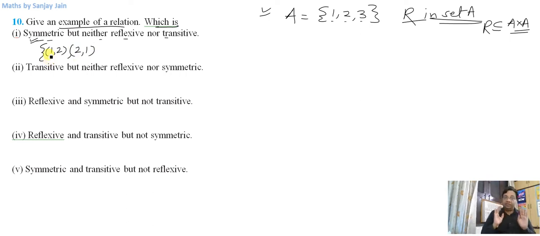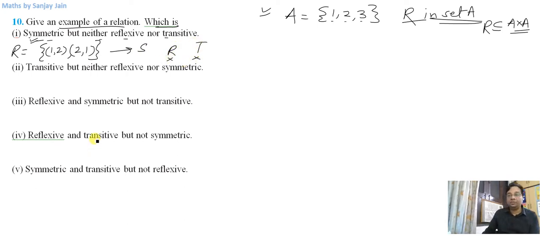Up till now it is symmetric, right? But it is not reflexive because (1, 1), (2, 2), (3, 3) are not present here. Is it transitive? No, because if (1, 2) is present, (2, 1) is present, (1, 1) should also be present for it to be transitive. So if I close it here, this relation, it is symmetric but not reflexive, not transitive.